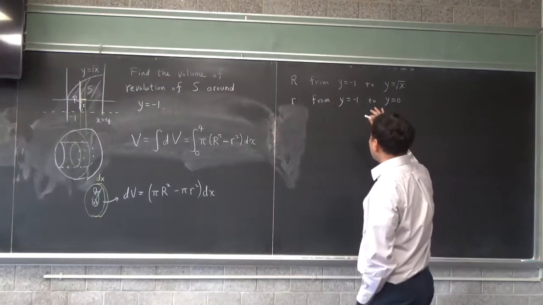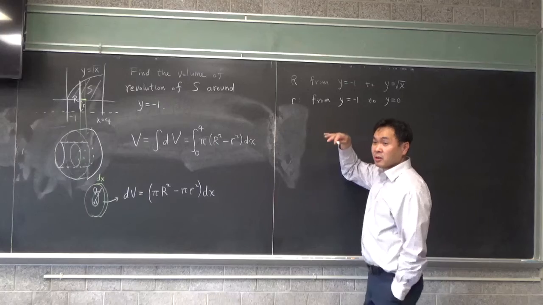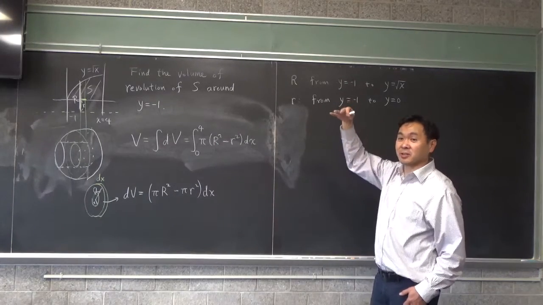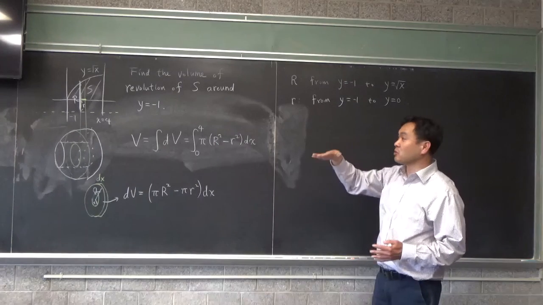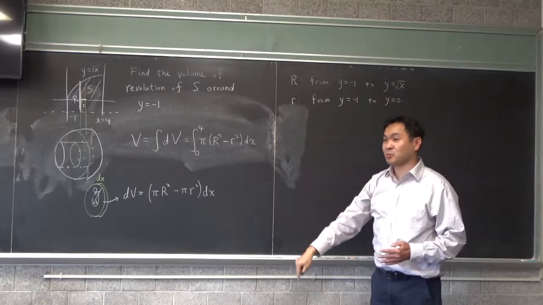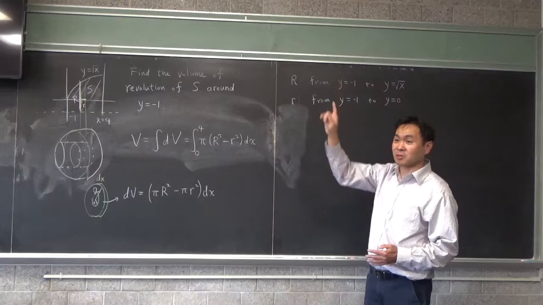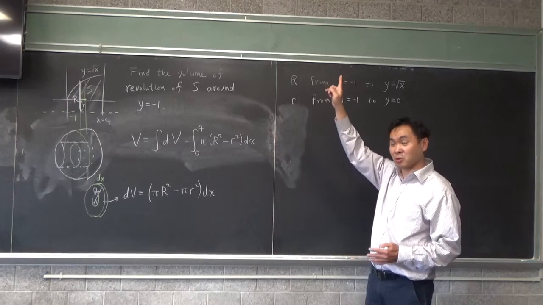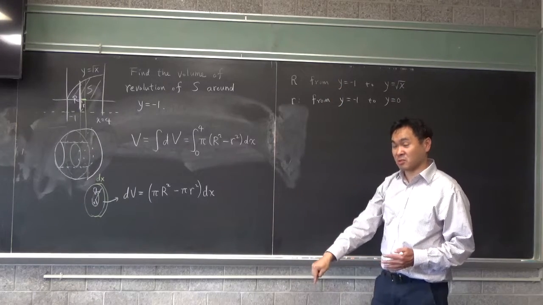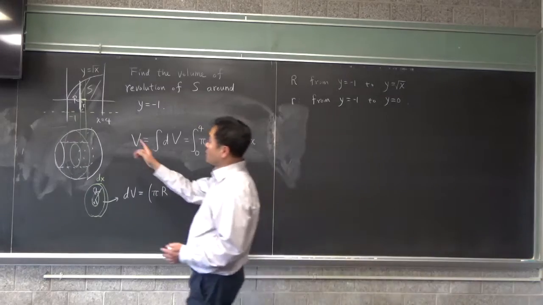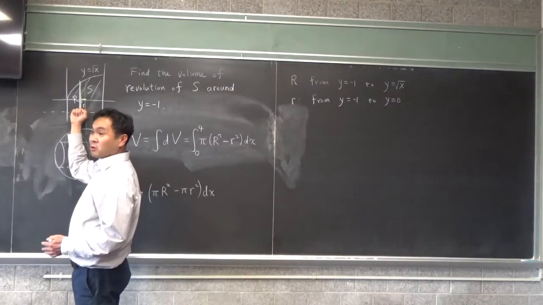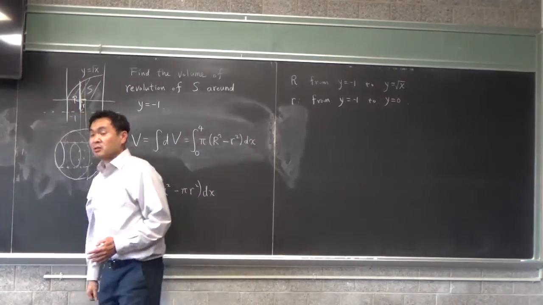And I'm writing this in the order where you go from small to big. Okay? So the numbers go down as you go down, and numbers increase as you go up. The y coordinate increases as you go up, y coordinate decreases as you go down. So I'm trying to go from the lower one to the upper one.